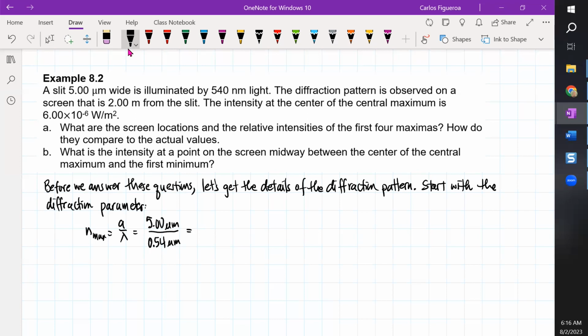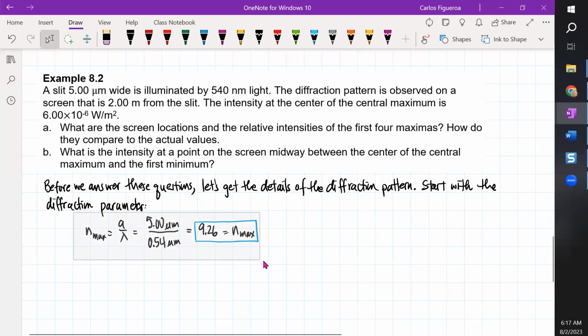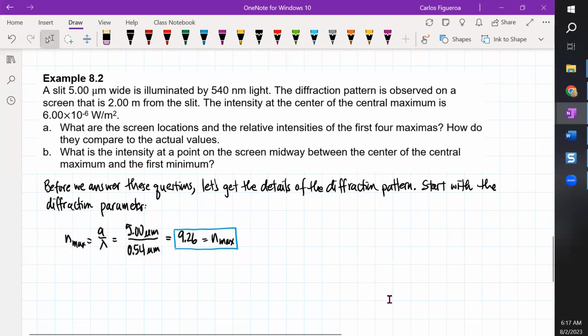So that should be roughly around 10. So this should be 9.26, and this is N max. So then what I'm going to do here is try to fit everything onto one line right here. So let's see if I can do that.